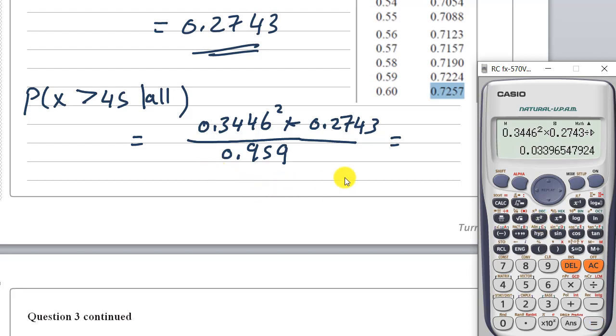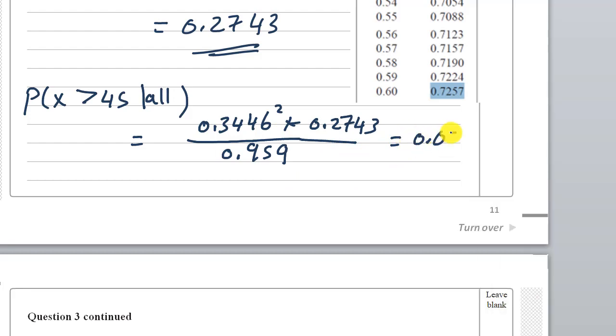So 0.0397, which is equal to 0.034. And this is the answer of this part. Let us go ahead to another question.